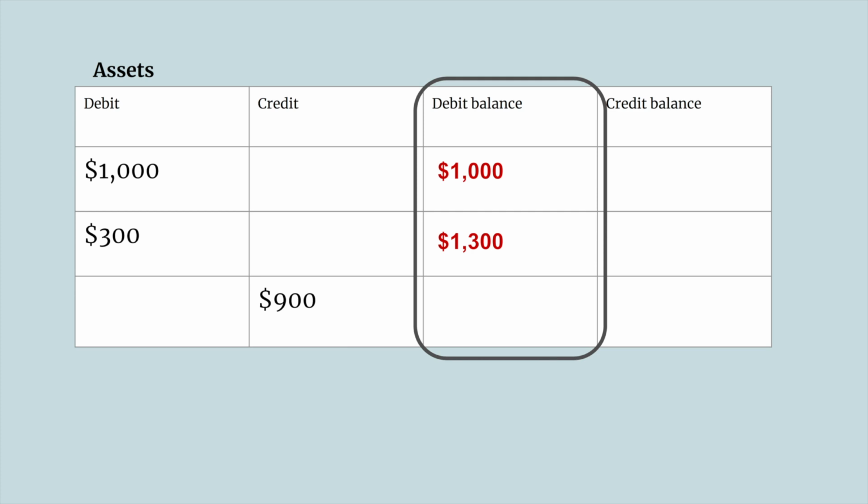So that is a subtraction because it's a credit. We're going to subtract $900 from $1,300, but we still have enough debits to make it stay in the debit column. So it's going to be $400 as a debit balance. So you're kind of zigzagging your way through, adding or subtracting whatever transaction happened.